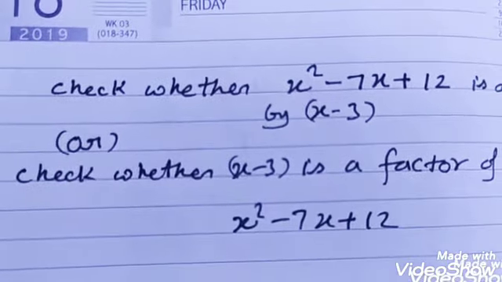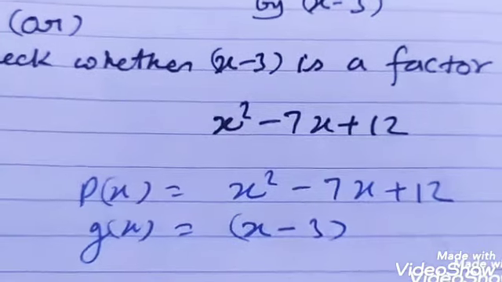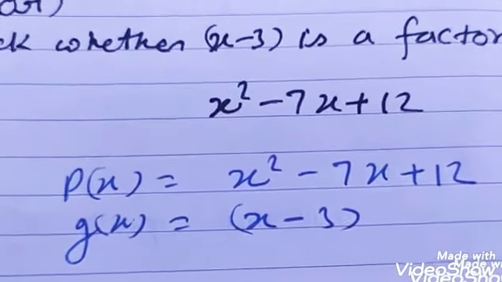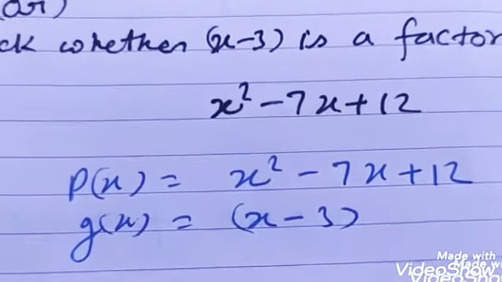So our dividend polynomial is x square minus 7x plus 12, and the divisor polynomial g(x) is x minus 3.